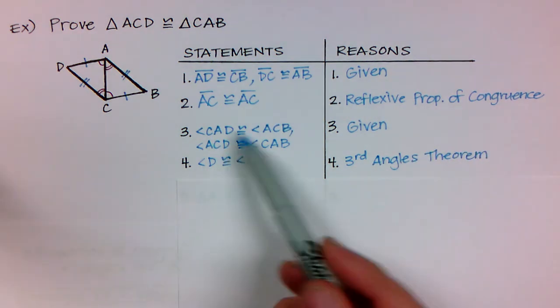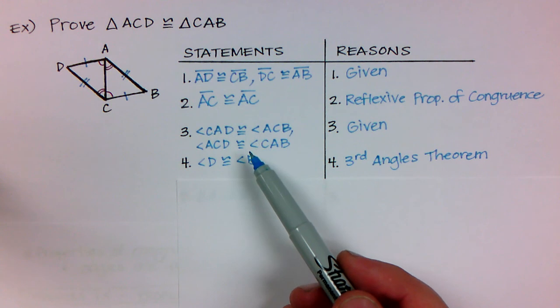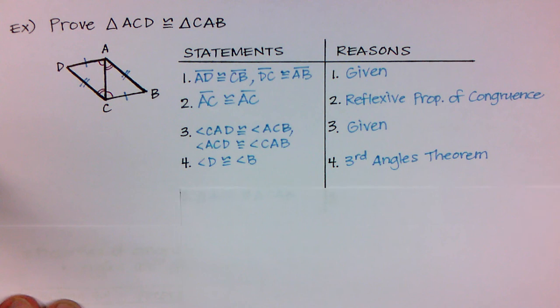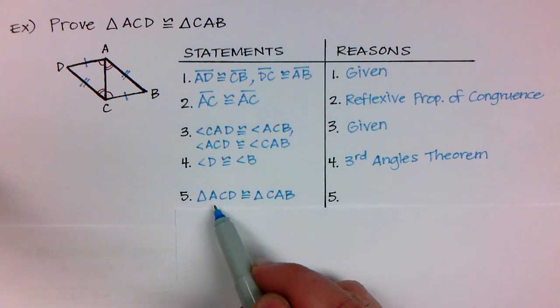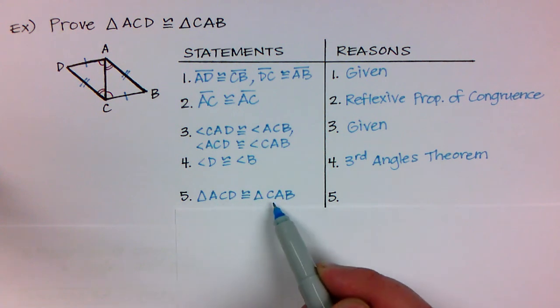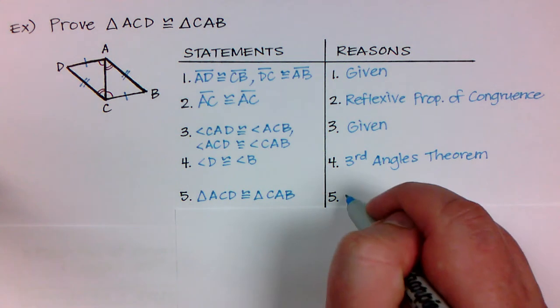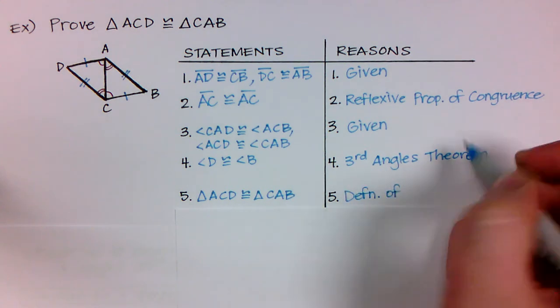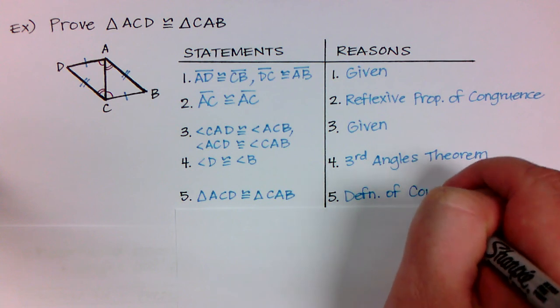Because if I could prove that two angles inside of a triangle are congruent to one another, then the third angles must be congruent as well. And that's all I need to do to prove that triangle ACD is congruent to triangle CAB. This comes from the definition of congruent figures that we talked about before.